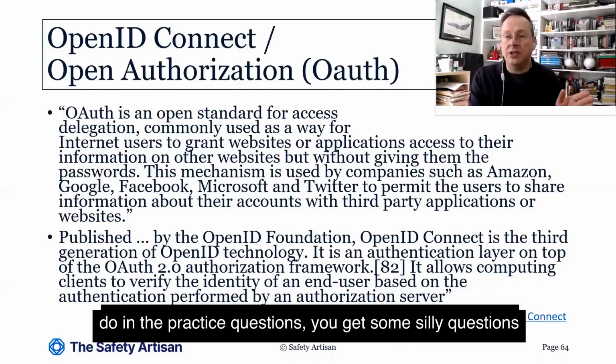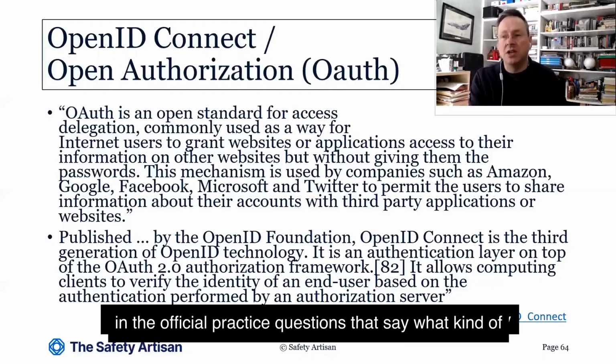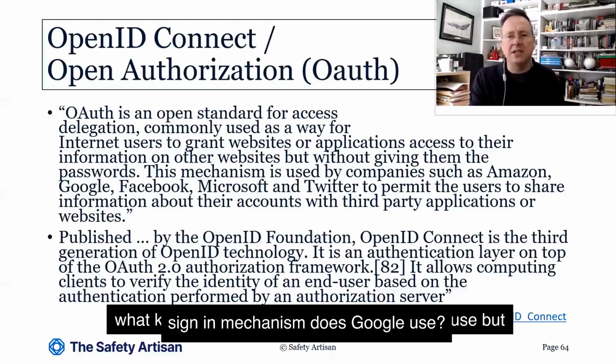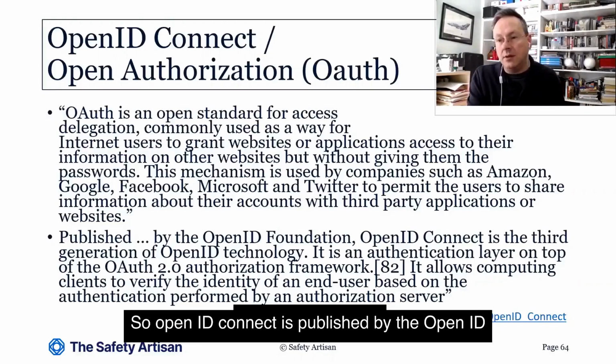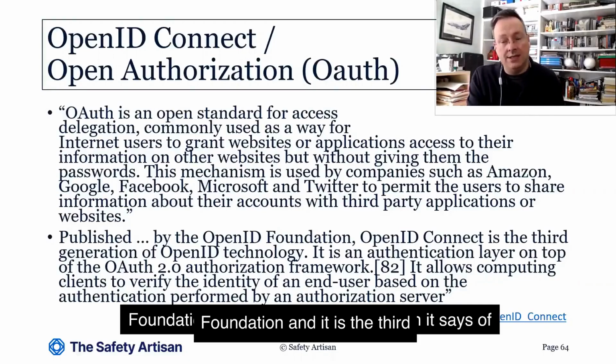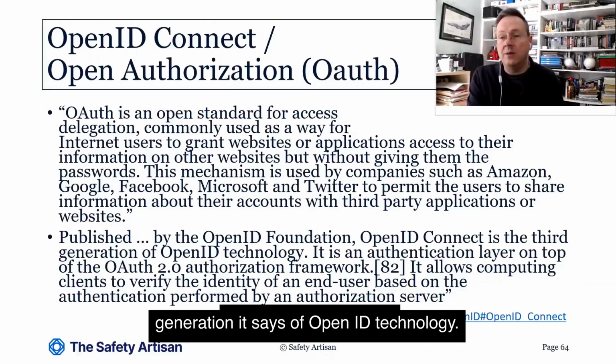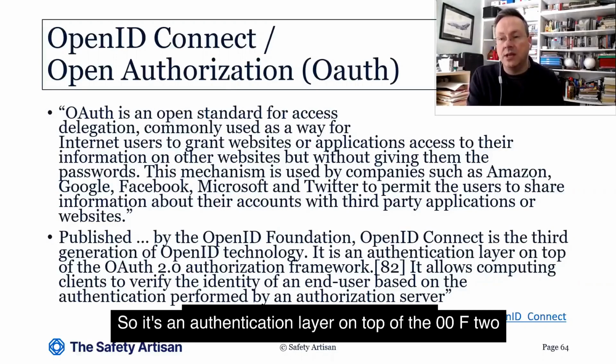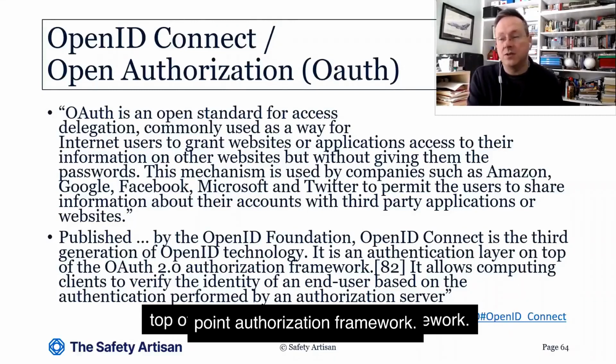You get some silly questions in the official practice questions that say, what kind of sign-in mechanism does Google use? So OpenID Connect is published by the OpenID Foundation, and it is the 3rd generation, it says, of OpenID technology. So it's an authentication layer on top of the OAuth 2.0 authorization framework.